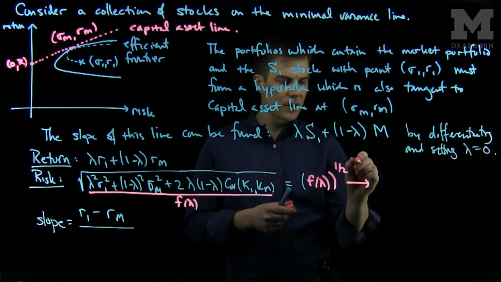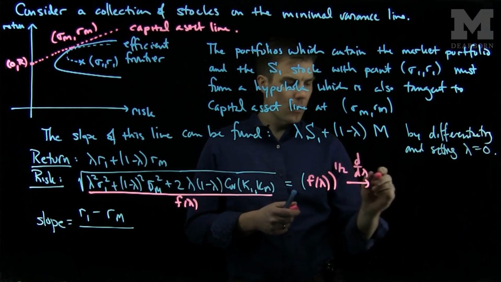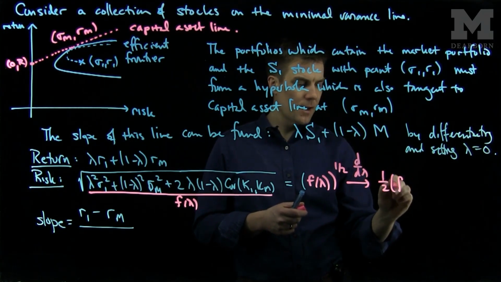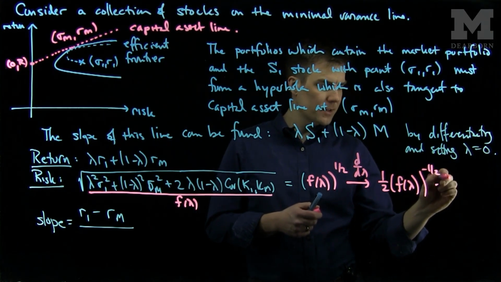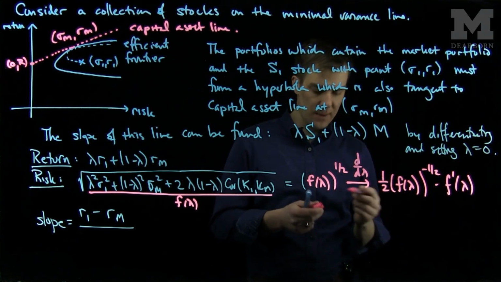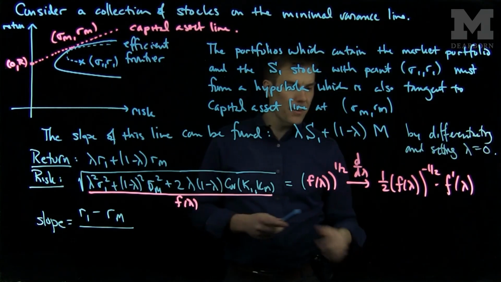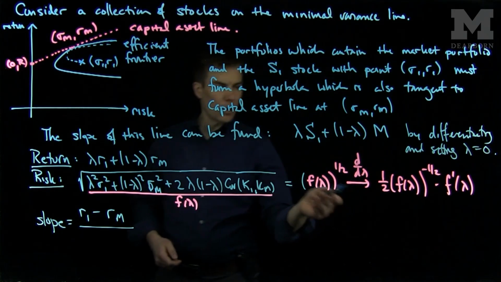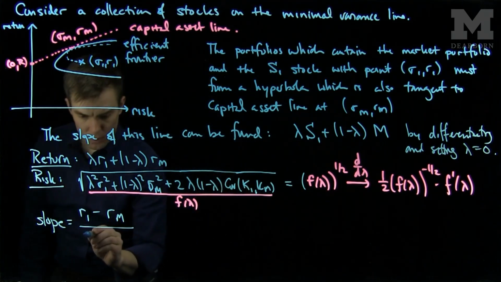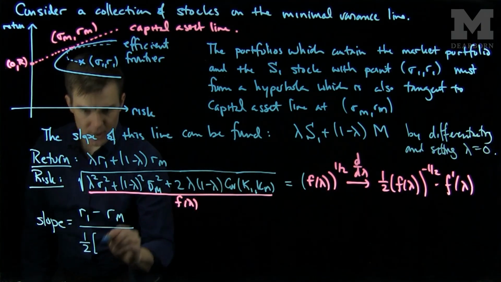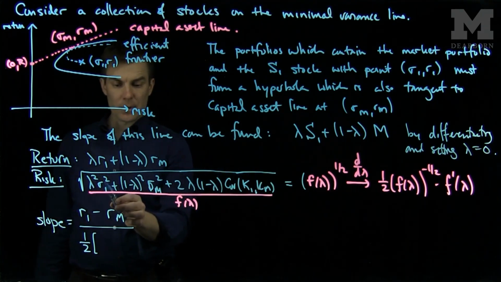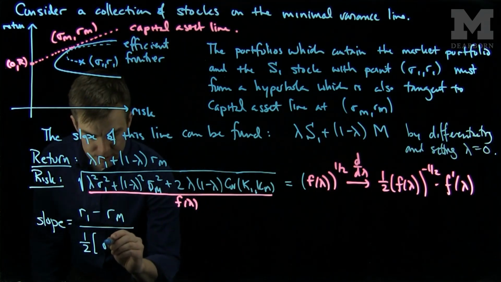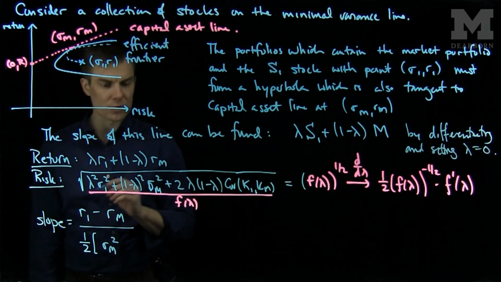And if I do the derivative with respect to lambda, we will see this is 1/2 f of lambda to the negative 1/2 times f prime of lambda. And we can see what happens when we plug in lambda equals 0. If I plug in lambda equals 0, I will get a 1/2. Then I'll have this expression to the negative 1/2 power when I plug in lambda equals 0. So I'll get a sigma m squared.